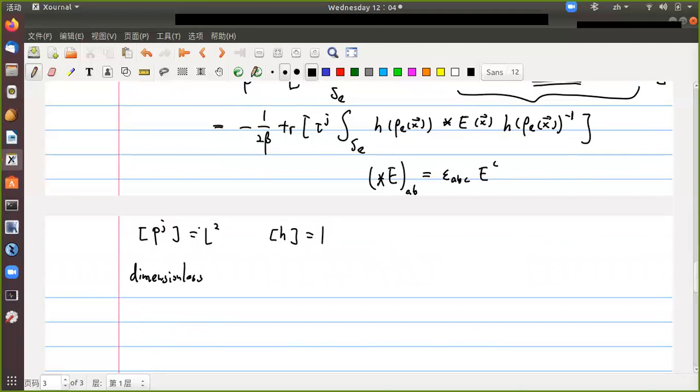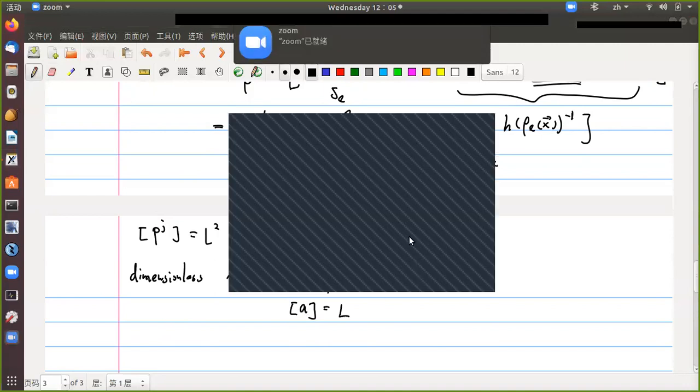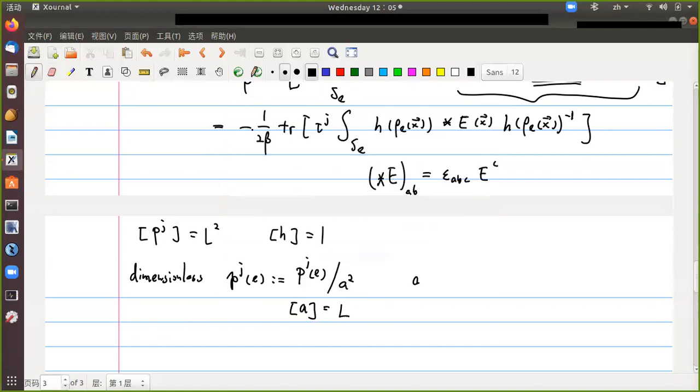Dimensionless flux, lowercase p_j^E. The definition is very simple. It is just an evaluation of capital P at a certain unit, and I divide by a squared, and this a is a length. a is also of length dimension. Here this a is just a length unit.